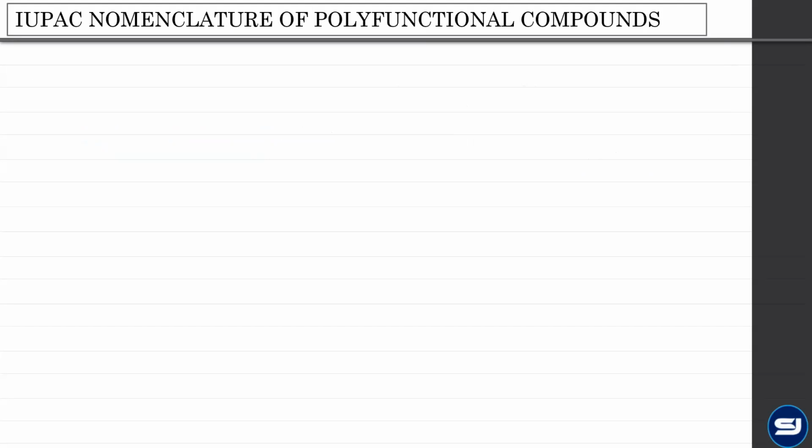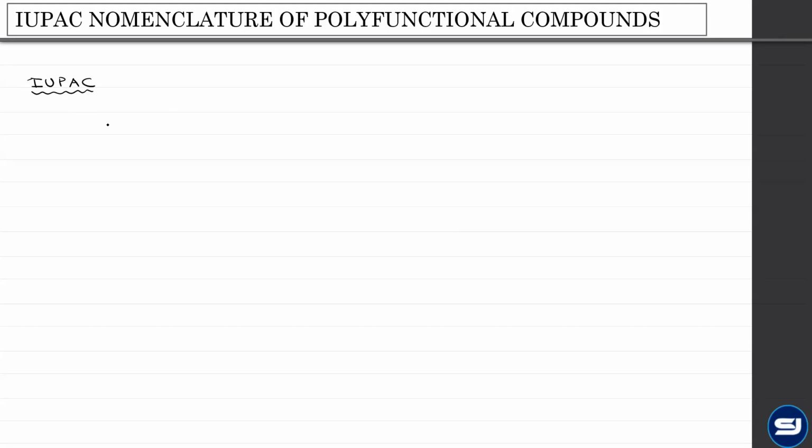If there are multiple functional groups, only one will become the parent functional group and the rest will be considered substituents. For the main functional group we assign a suffix, and the other groups, which become substituents, are assigned a prefix. I gave a general format for any compound, which I call the Brahmastra, which you can apply for any given compound.